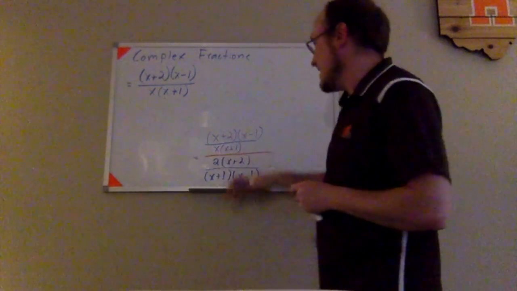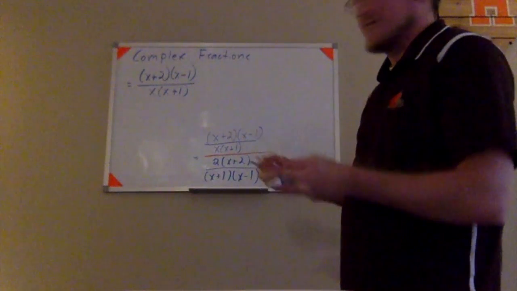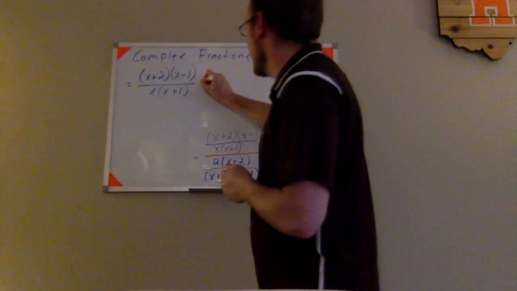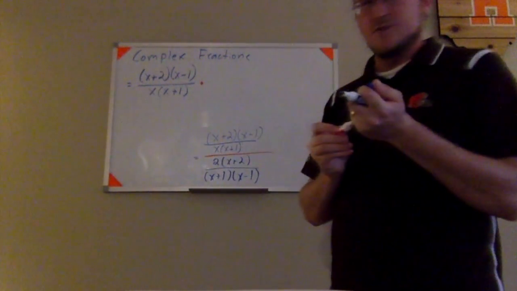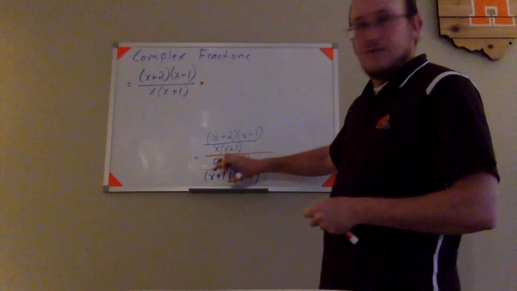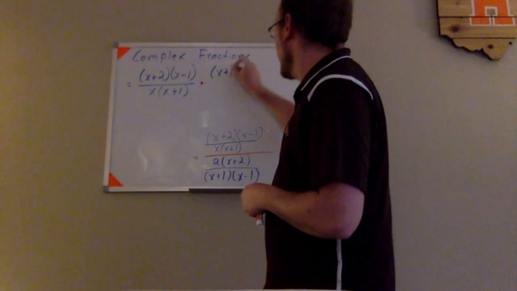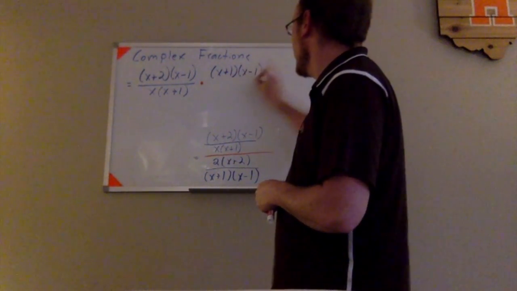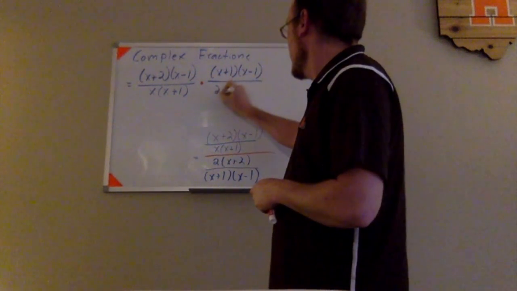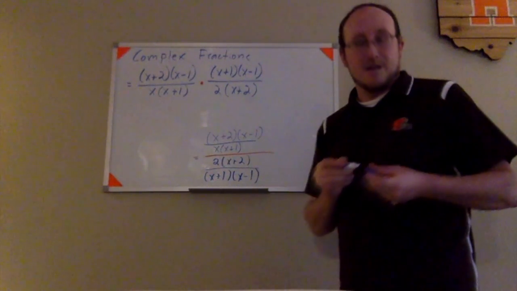And instead of divided by, I'm going to go ahead and change that now. Again, I'll still use the red to represent that operation between them. That now is being changed to multiplication, and I'm going to be multiplying by the reciprocal of this fraction down here. So the x plus 1 and the x minus 1 would now be in the numerator, and the 2 and the x plus 2 would now be in the denominator.